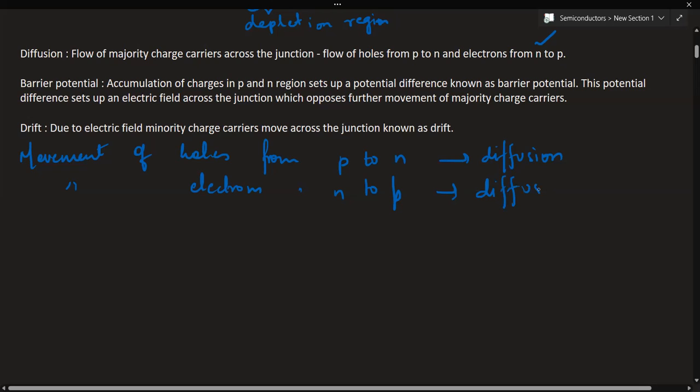So this phenomenon is occurring due to the process of diffusion.